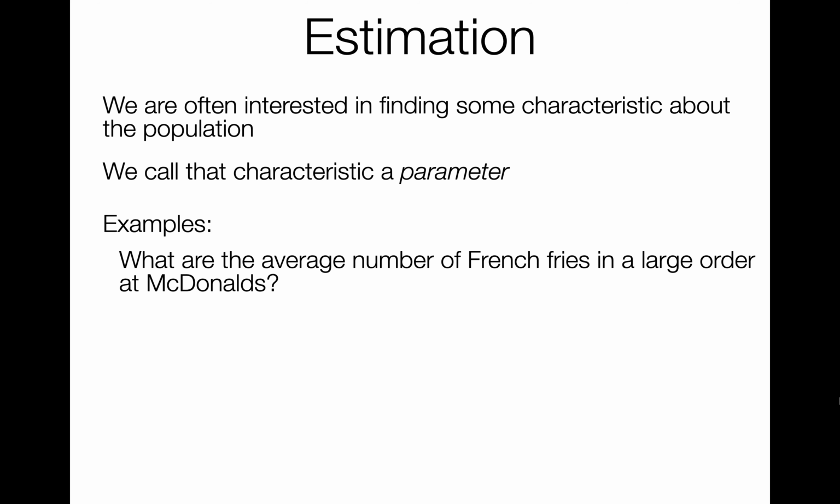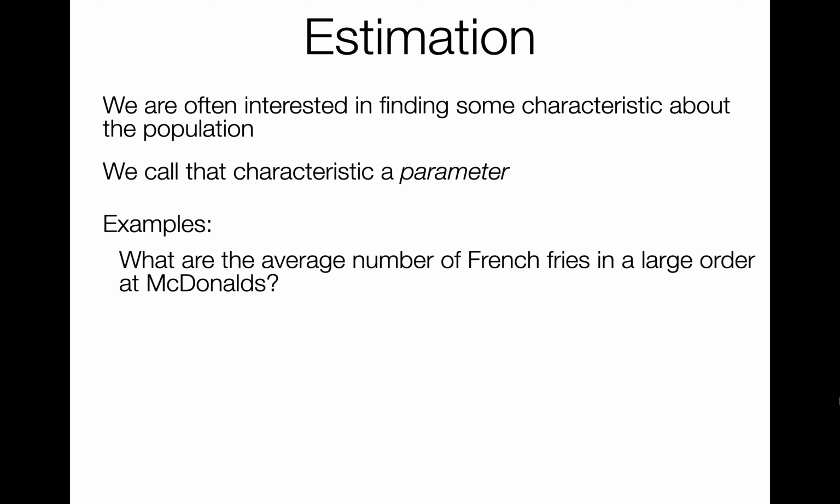First, a question I might ask is, what is the average number of French fries in a large order of fries at McDonald's? There's some true average number of French fries out there. This is actually a means question, not a proportions question, but still good enough for us.